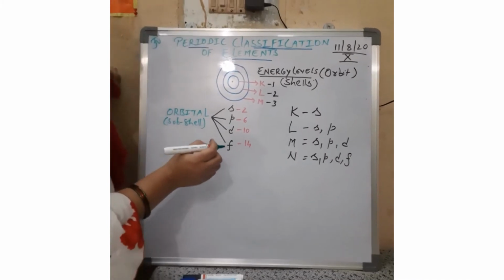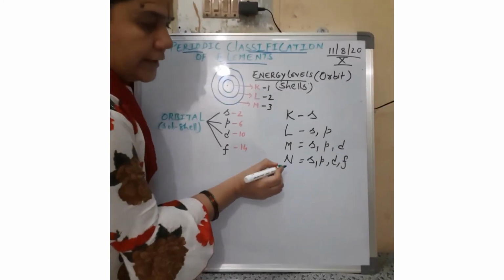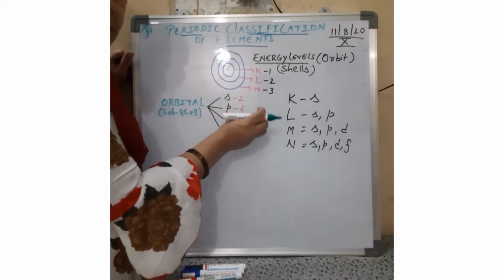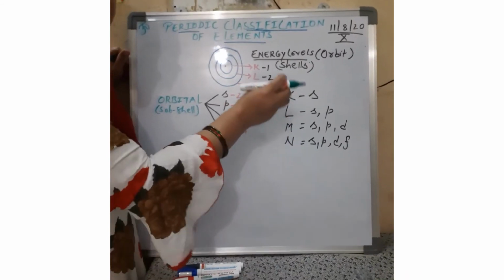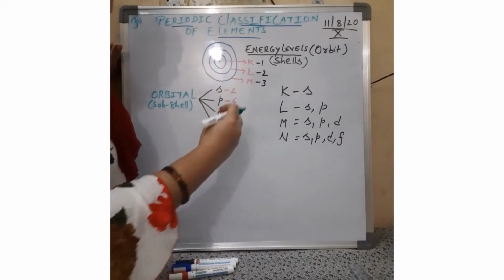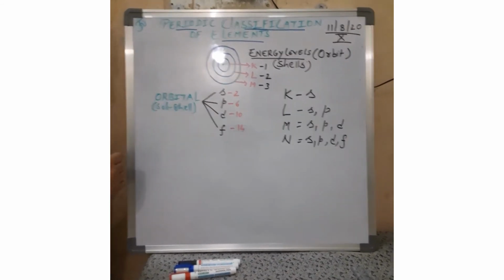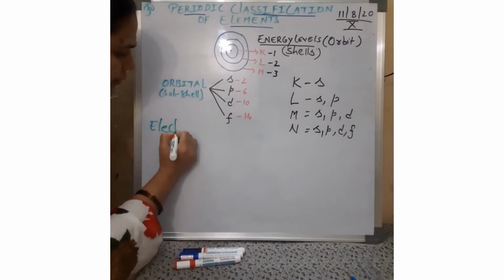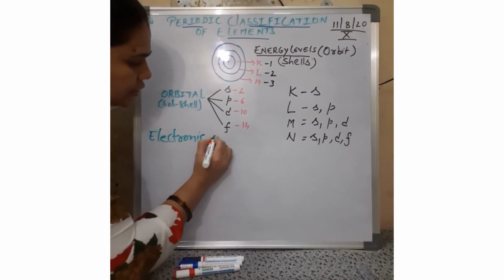So you see now, children, the electrons in an atom are going to enter into a particular shell. That means they are getting arranged in a certain order. So this arrangement of electrons in an atom is termed as what, children? Electronic configuration.